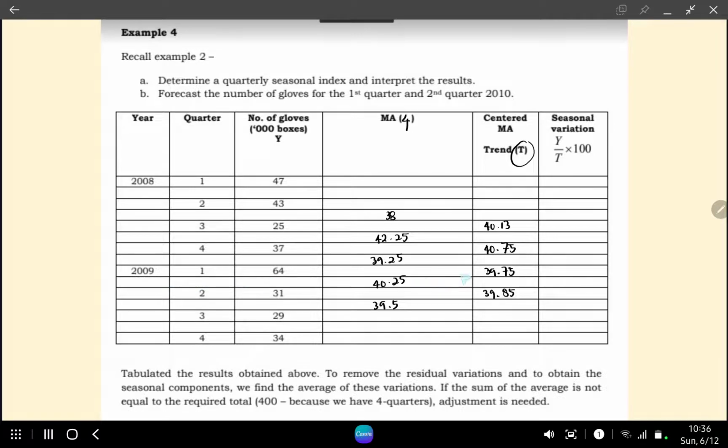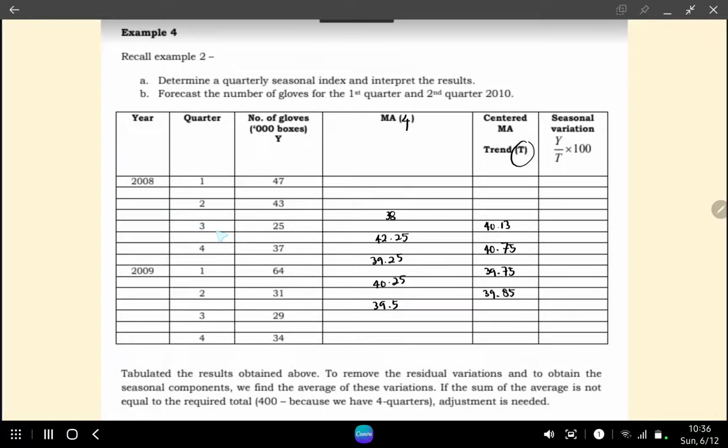So we can only calculate the seasonal variation for these 4 quarters only. Let's calculate the seasonal variation for quarter 3 of 2008.